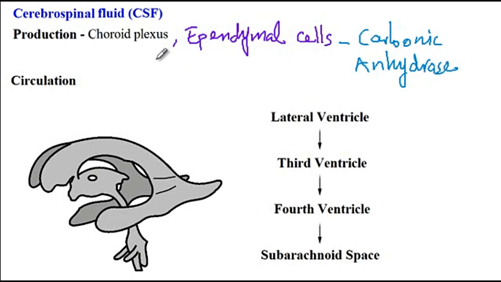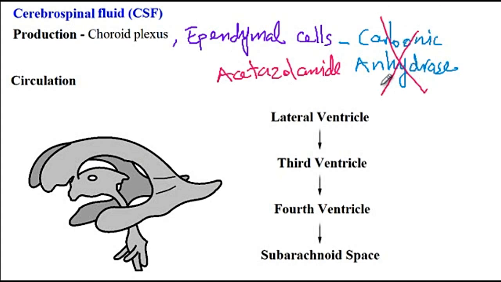And so therefore, if a patient has elevated intracranial pressure and we want to decrease the production of cerebrospinal fluid, we can provide these patients with acetazolamide, which is a form of diuretic that inhibits the carbonic anhydrase enzyme.